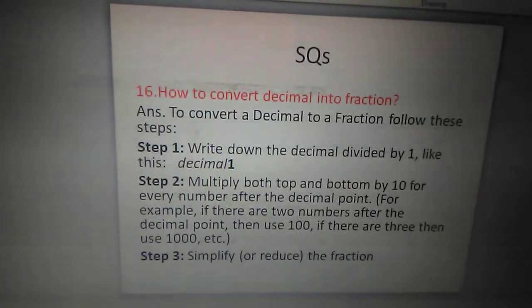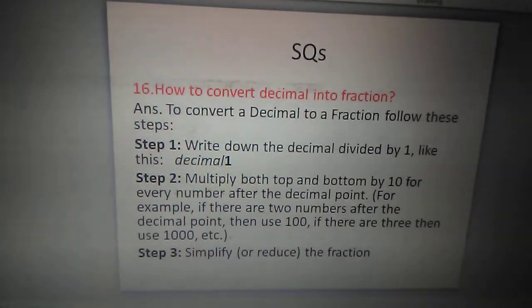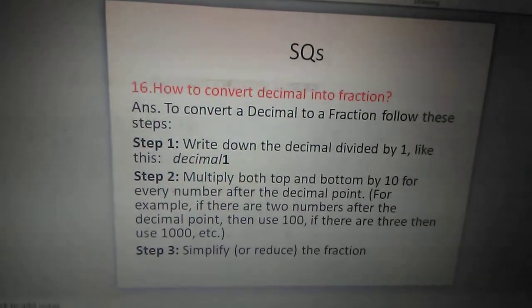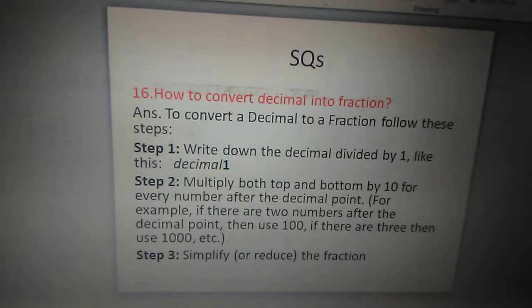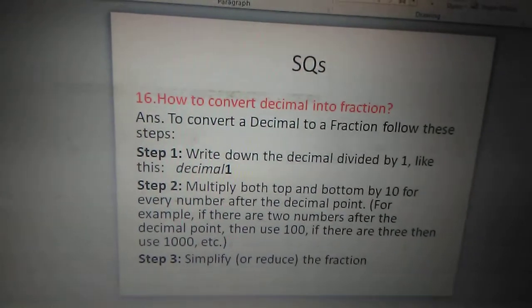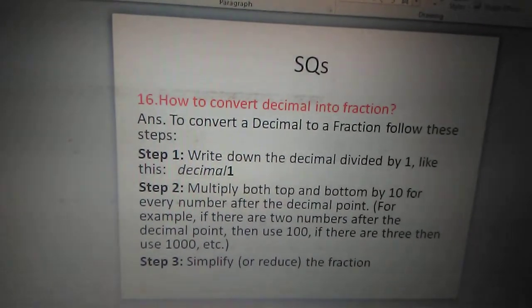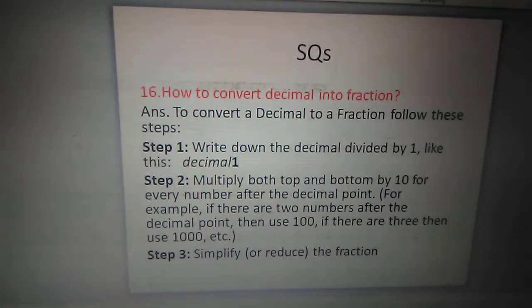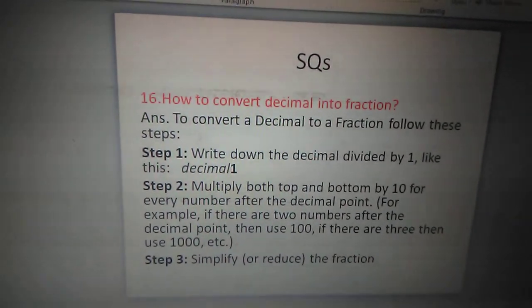If there are 2 numbers, you will multiply by 100. If there are 3 numbers, 1000. In that way, you will do. It will be clear to you when we do the example.